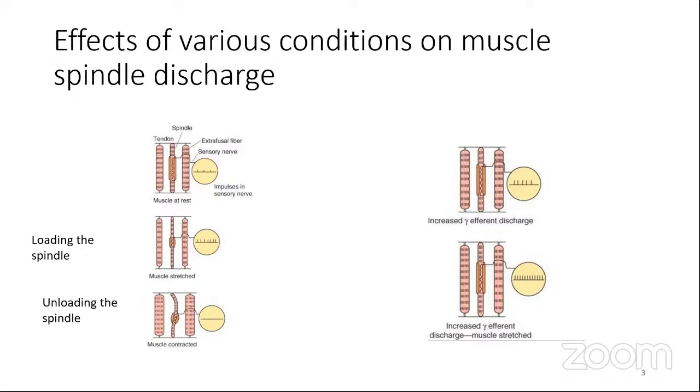The next diagram shows increased gamma efferent discharge, and this will result in the muscle being stretched. So here you can see the intrafusal fibers as well as extrafusal fibers are stretched and there is increased gamma efferent discharge.